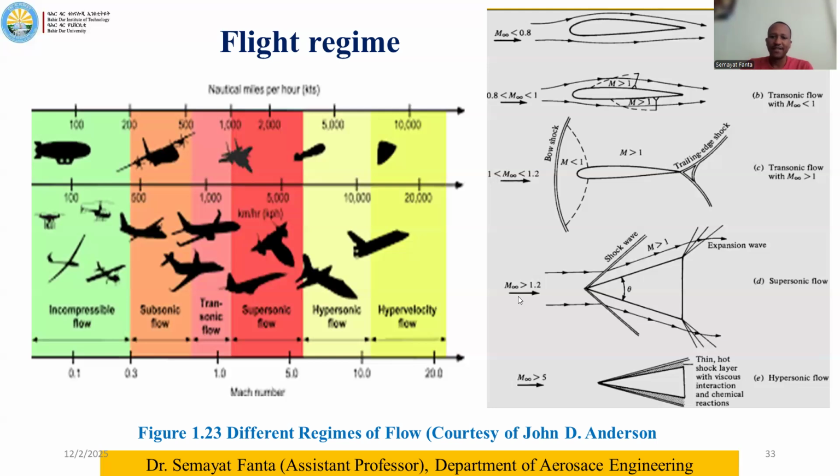And then if the Mach is greater than 1.2, an attached oblique shock wave happens in front. This is the wedge of the object, or you can consider it an aerofoil. In front of the aerofoil, you can see an attached shock wave. The shock wave is directly attached to the object.